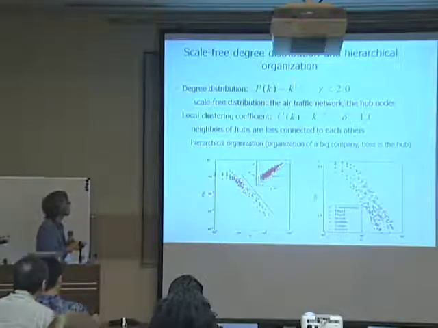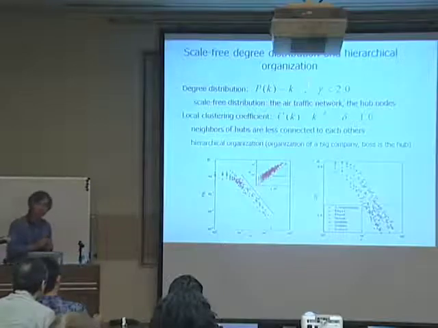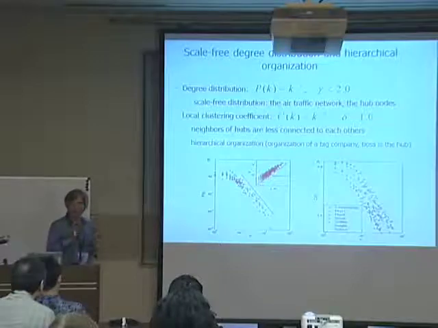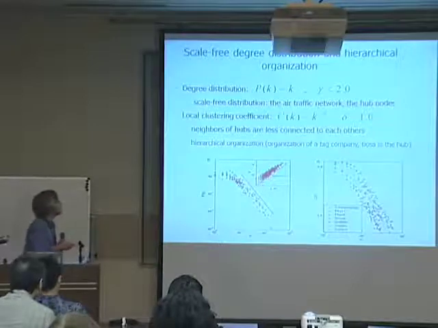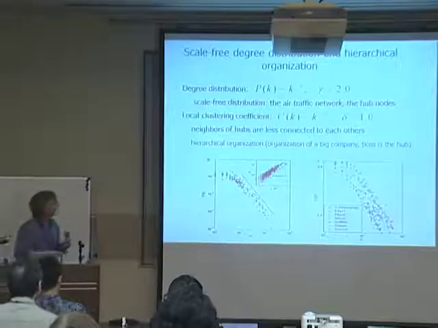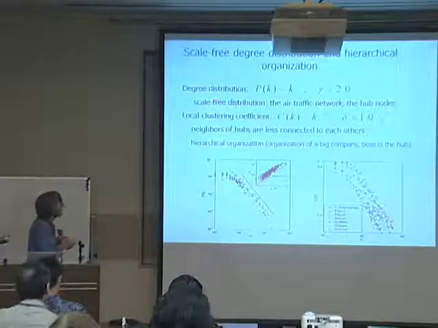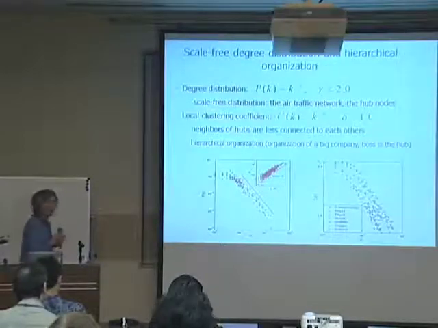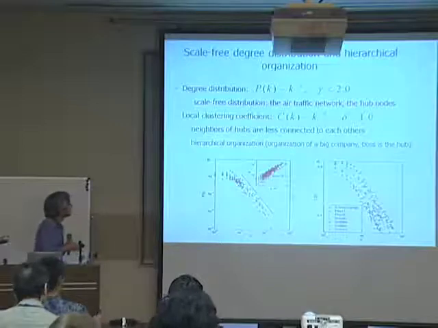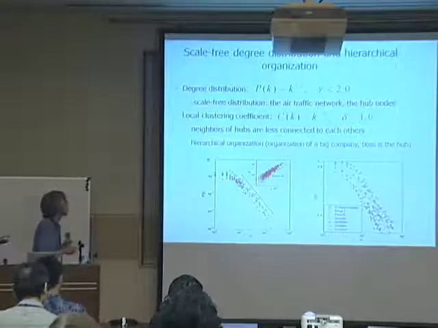This kind of degree distribution is observed in many complex systems, for example, the Internet, World Wide Web, and protein interaction. This kind of behavior we call scale-free distribution. One important feature of the complex network is the presence of hubs like this one.